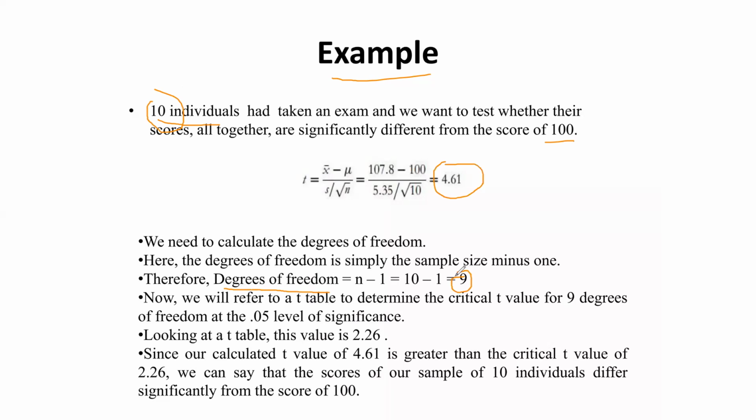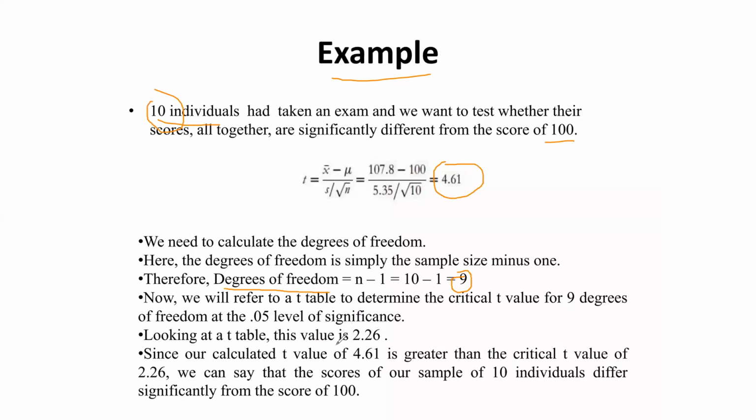And the confidence interval of this work, although it's not actually stated, since the confidence interval is not stated, let's assume it is 95%. So now we have to refer to the t table to determine the critical t value for 9 degrees of freedom at the 0.05 level of significance.